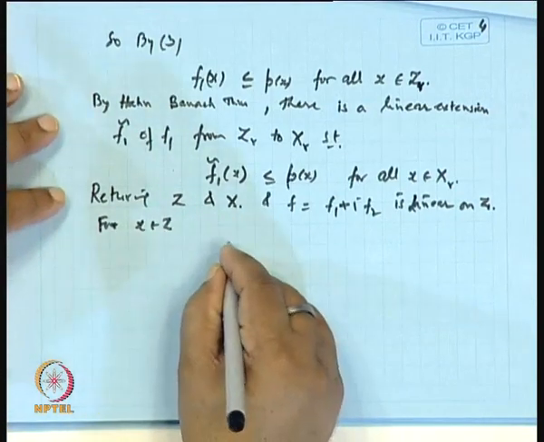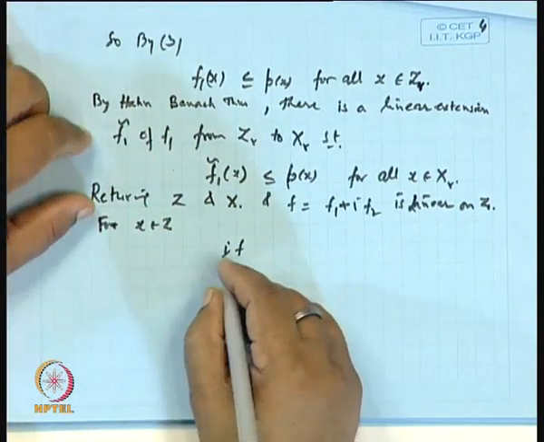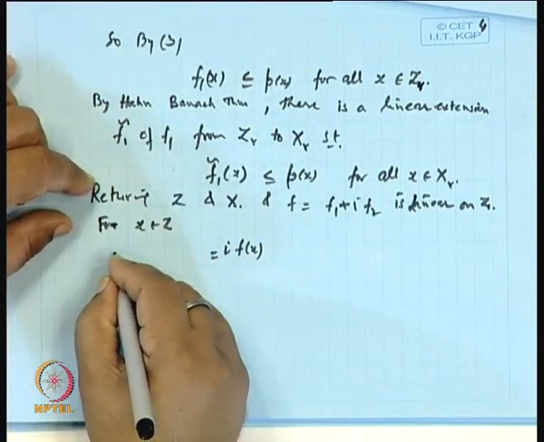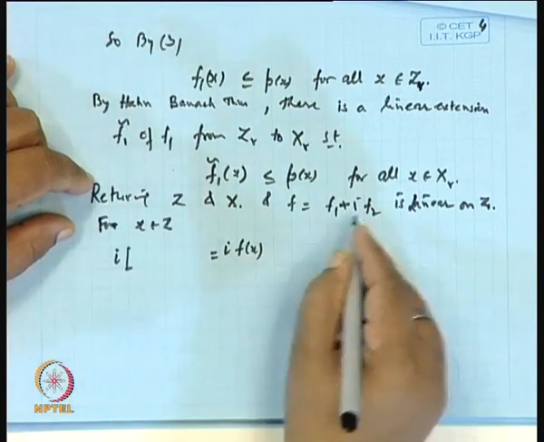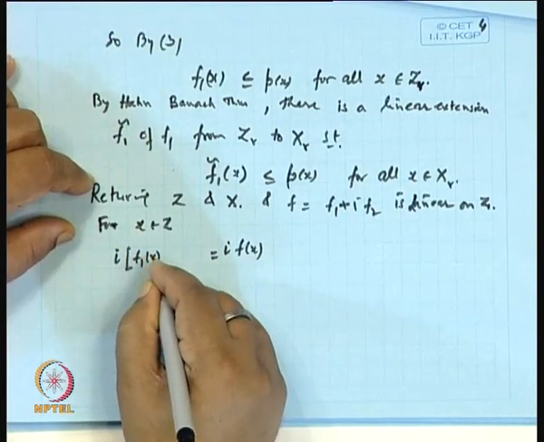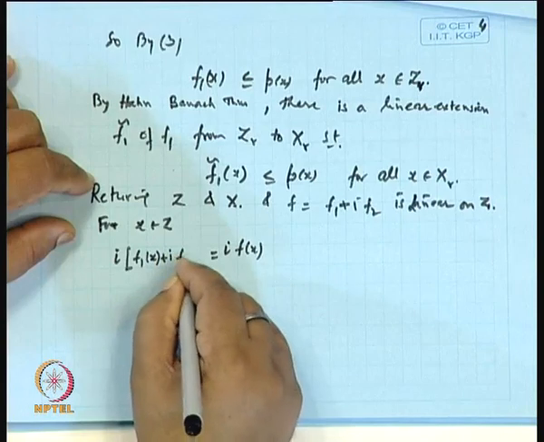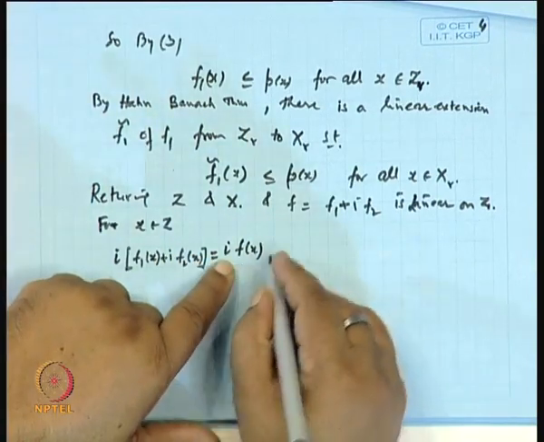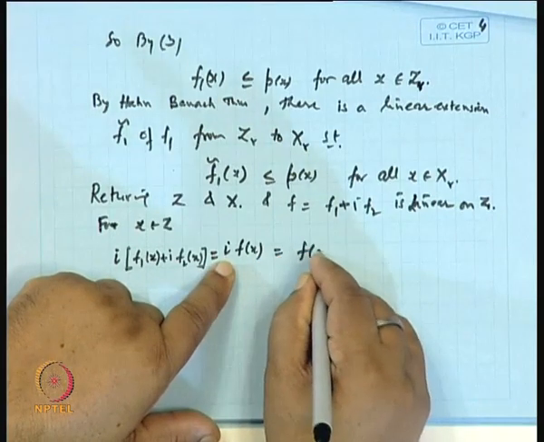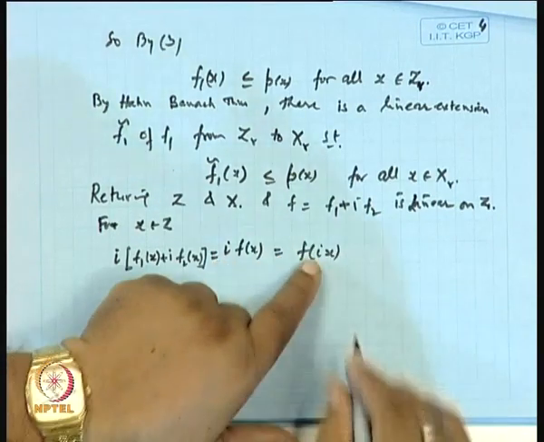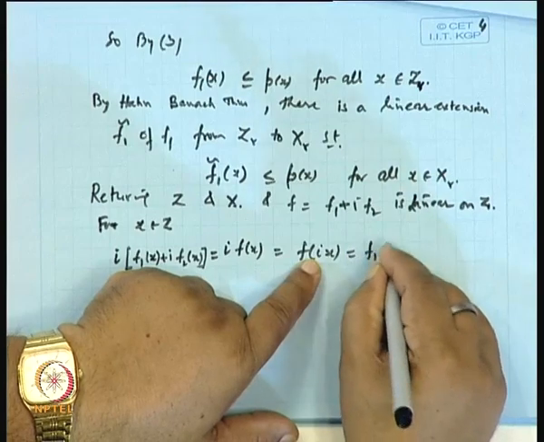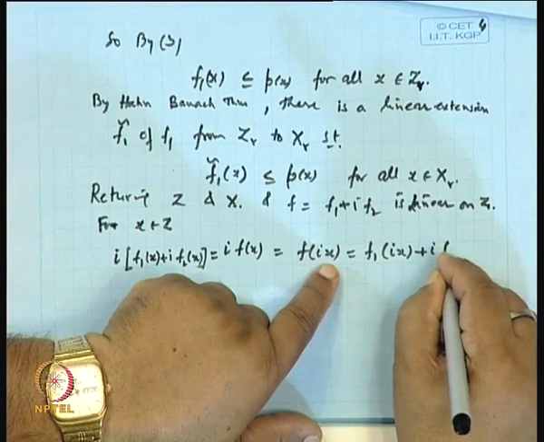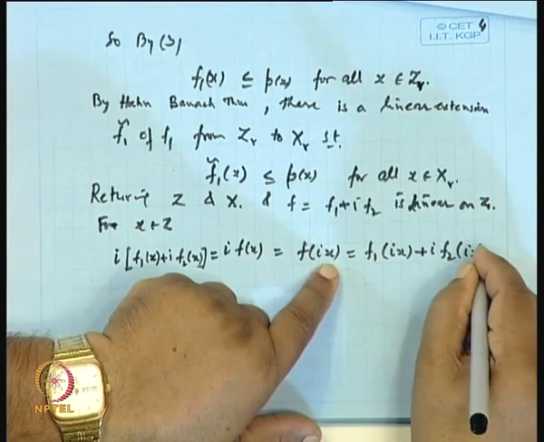i times f(x) is equal to i times f1(x) plus i times i f2(x). But f is linear, so this will be equal to f(ix). Again, f(x) is this, so we can write f1(ix) plus i times f2(ix).